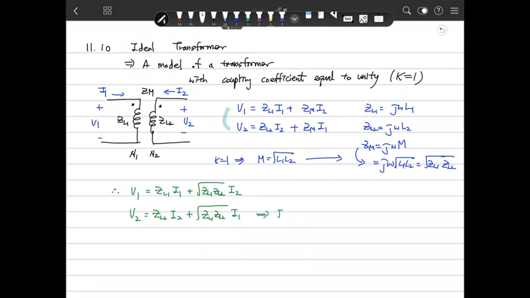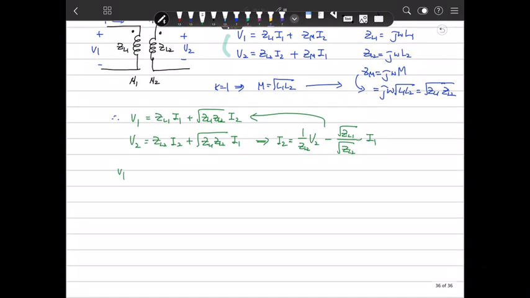So from here, I2 is 1 over jωL2 times V2 minus root of jωL1 jωL2 times I1. Applying I2 in here, V1 is jωL1 I1 plus root of jωL1 jωL2 times 1 over jωL2 times V2 minus I1.